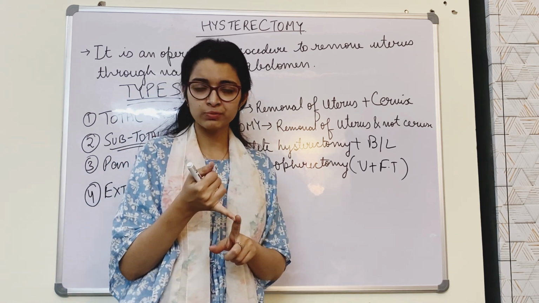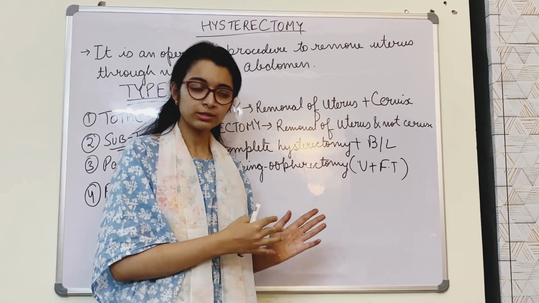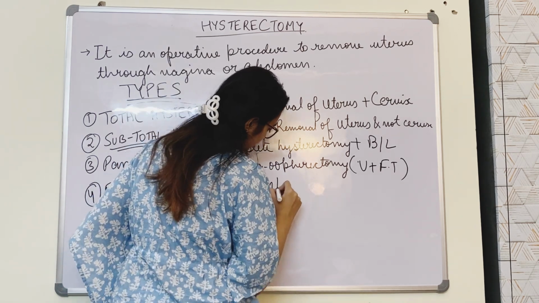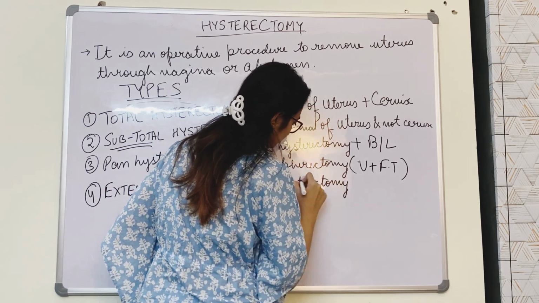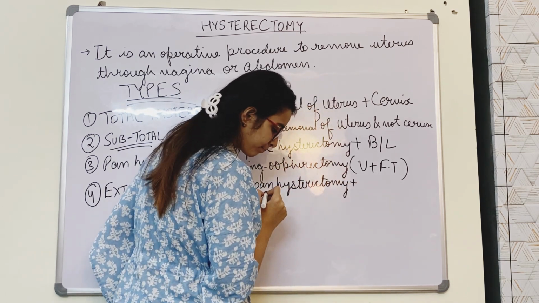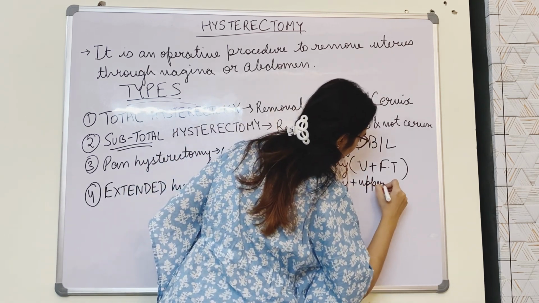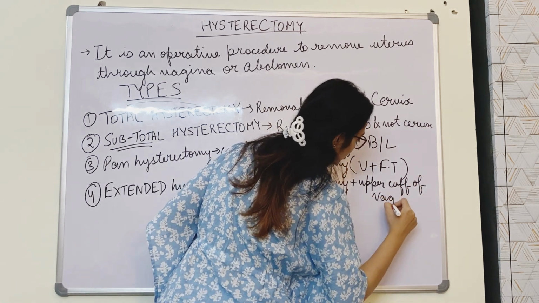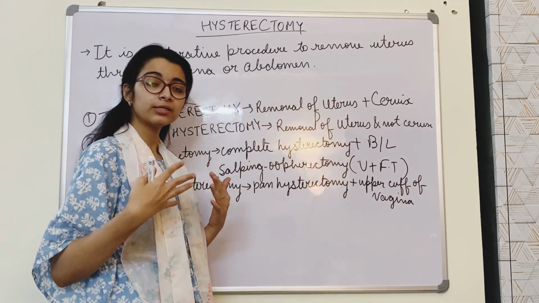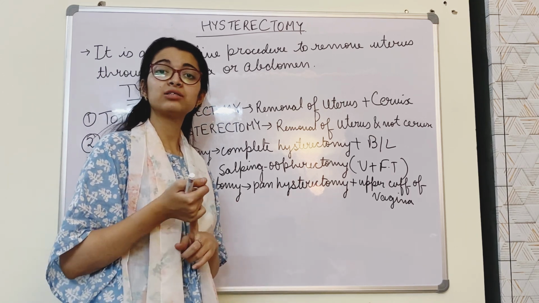Like the removal of uterus, we included fallopian tube, cervix. Then can we include more? Yes. So in this we include panhysterectomy plus upper cuff of the vagina. It includes the removal of uterus, fallopian tube, ovary as well.